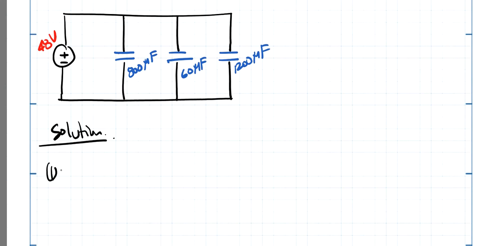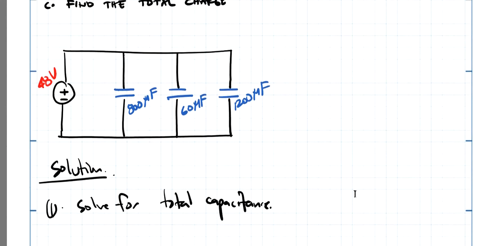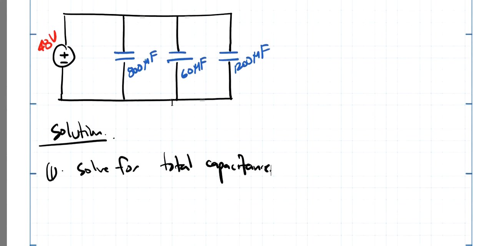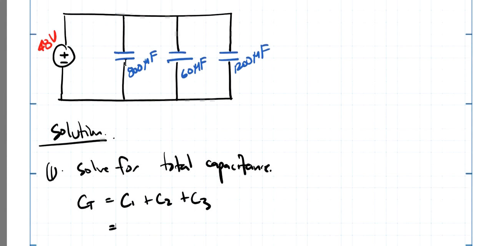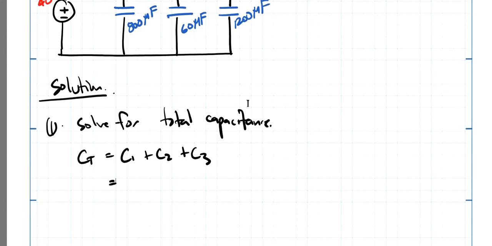Okay, so number one is solve for total capacitance. Recall that the total capacitance for capacitors in parallel connections is simply equal to the sum of the individual capacitances, so C1 plus C2 plus C3. Let's substitute the values: 800 plus 60 plus 1200.